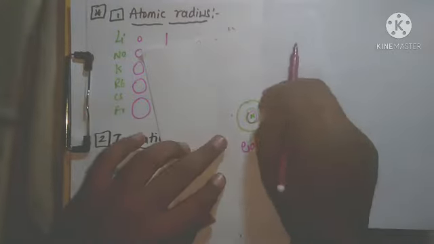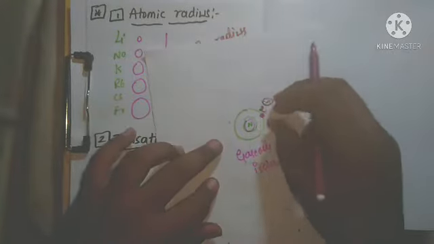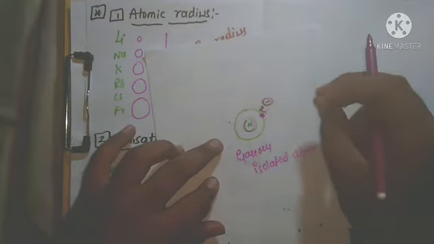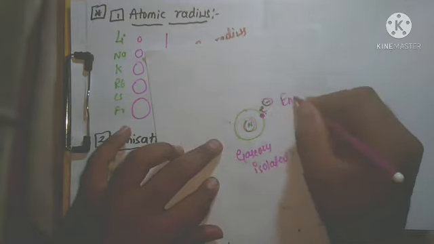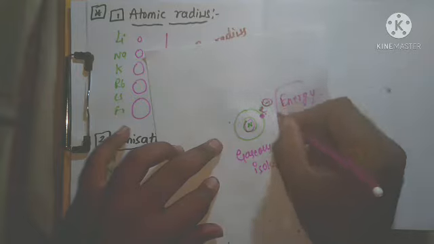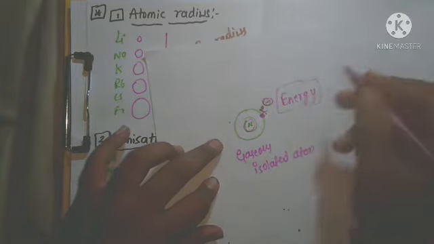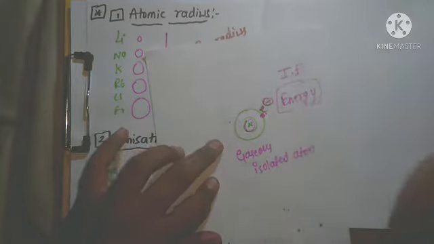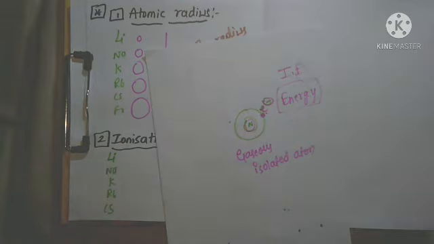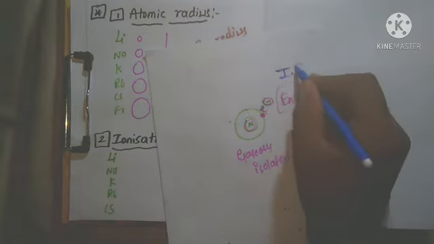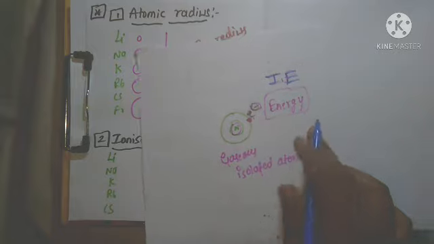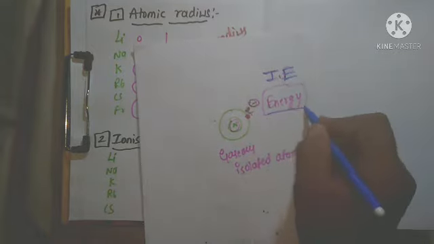I want to remove this electron from the atom. For this, I have to apply energy. That energy is called ionization enthalpy. What is meant by ionization enthalpy? It is the amount of energy, whatever the unit may be, in calories, kilocalories or joules.